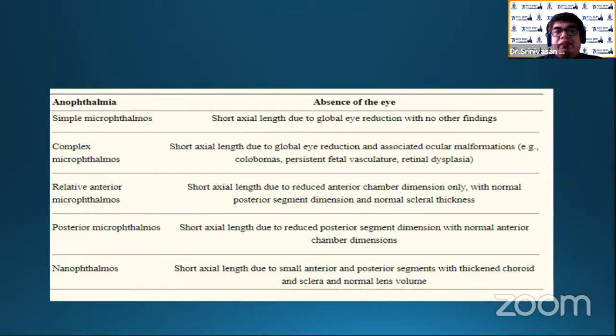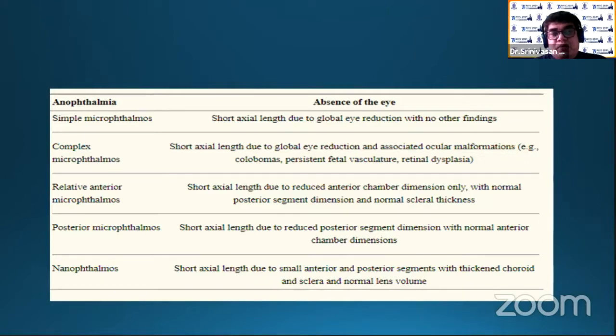In simple microphthalmos, the axial length of the eye is less, that is, there are no other findings. Whereas in a case of complex microphthalmos, there is a short axial length, the eye globe size is reduced, associated with other ocular malformations. In relative anterior microphthalmos, the anterior chamber dimensions are reduced, whereas the posterior segment dimension is normal with the normal sclera.